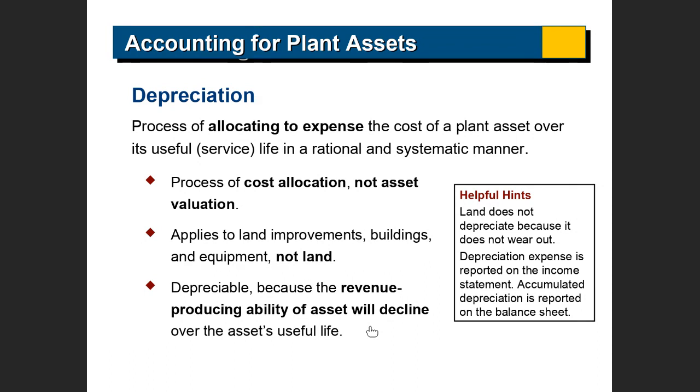After a few years, it starts to cough and sneeze, and you have to take it to the mechanic often, right? So just like that, any manufacturing equipment loses its production capability as you use it, right? So you have to simultaneously reduce the book value. The book value has got nothing to do with the fair market value. Fair market value is a different beast. We're reducing the book value.